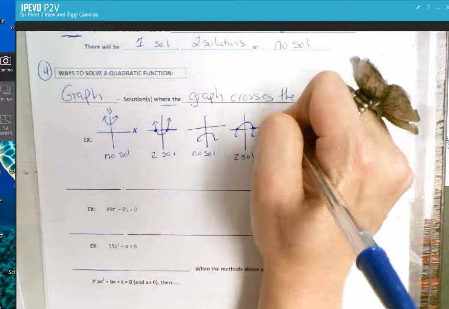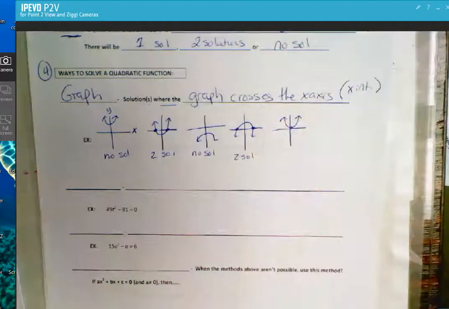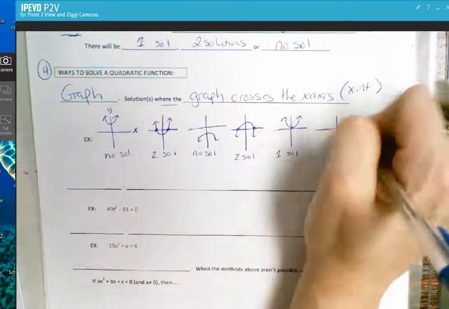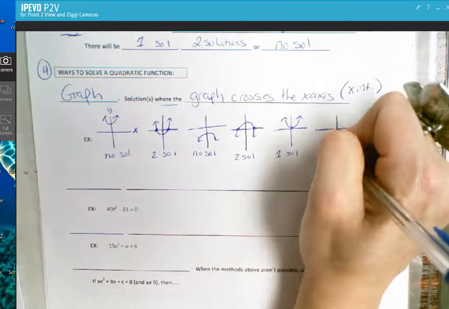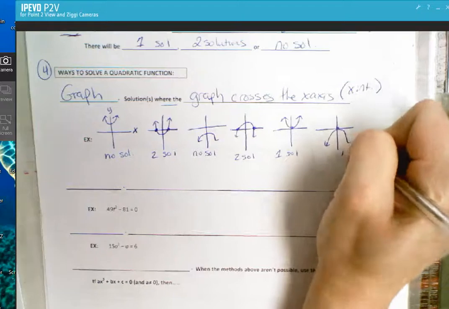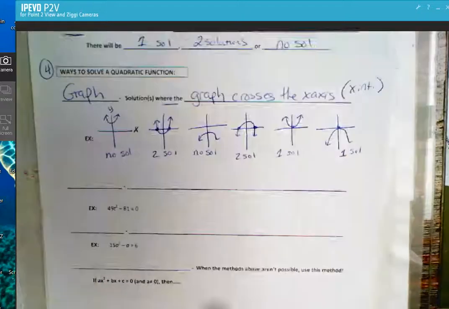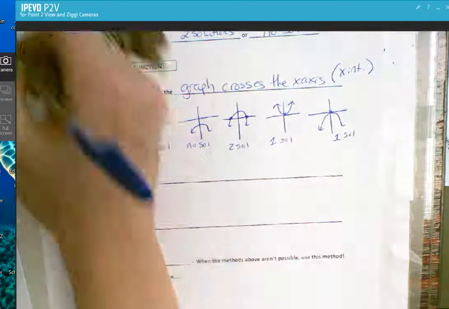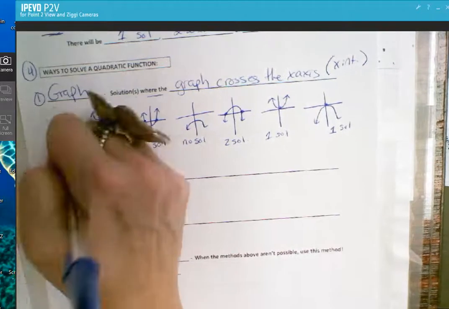So if I have a positive parabola, it's going to touch right there at 0, 0. So I have one solution. And conversely, you could have a negative quadratic, which again touches right there at that one point. One solution, where y is 0, and then you find the x values. That's method one. Or you could take the square root.